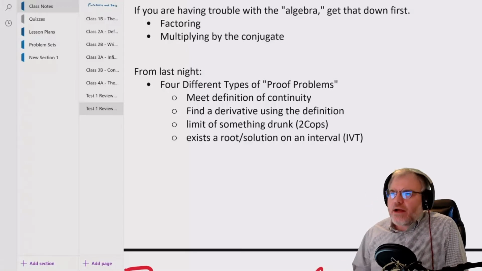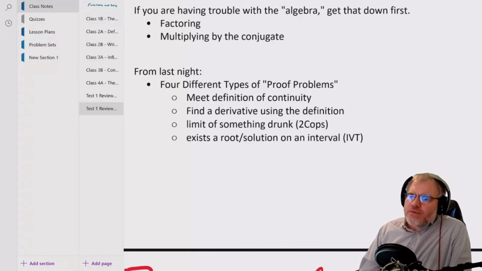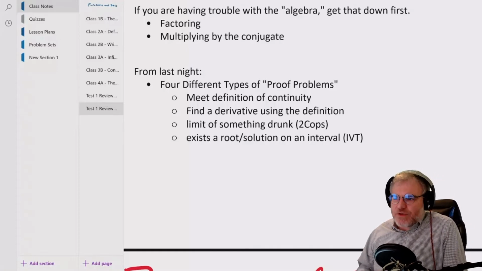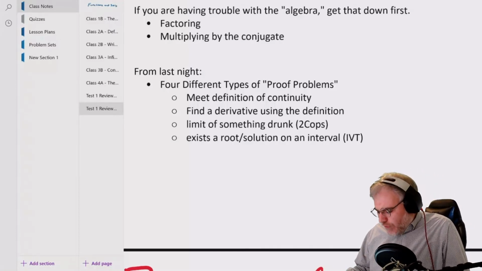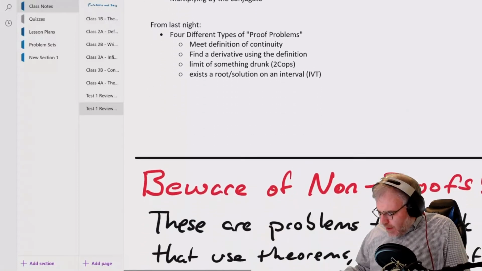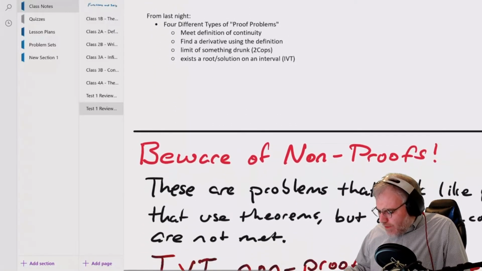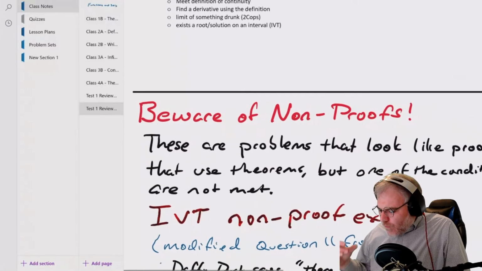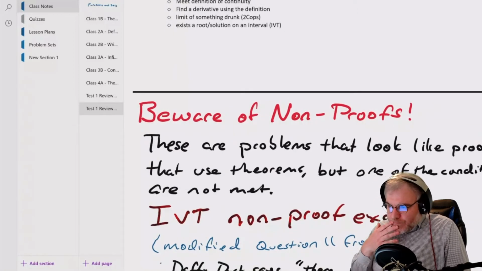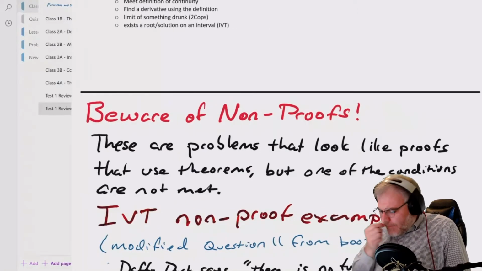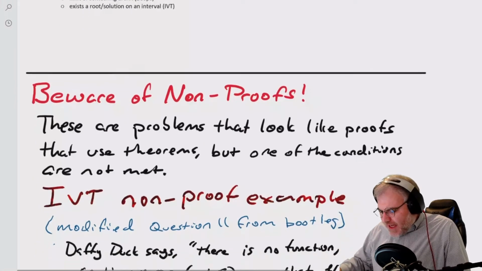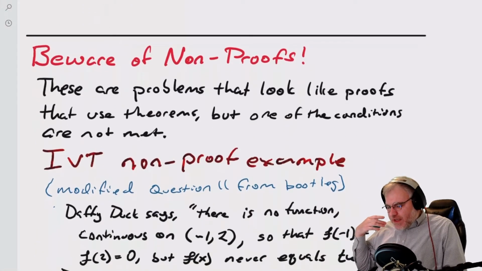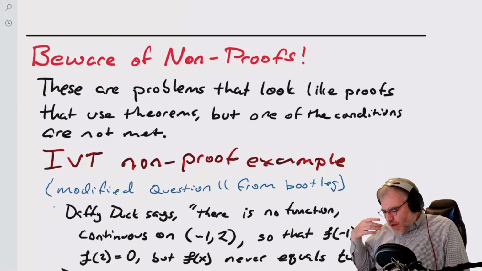All right. So I want to address a situation that can happen, which is what's called a non-proof. These are problems that look like the regular ones, but one of the things is not true. This really happens with squeeze, and it happens with IVT all the time.